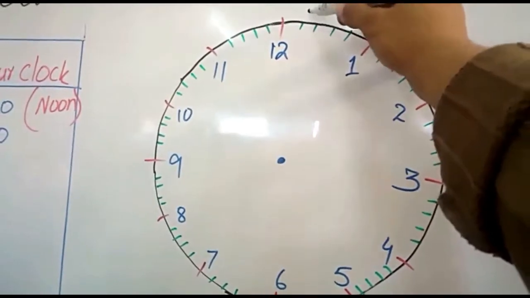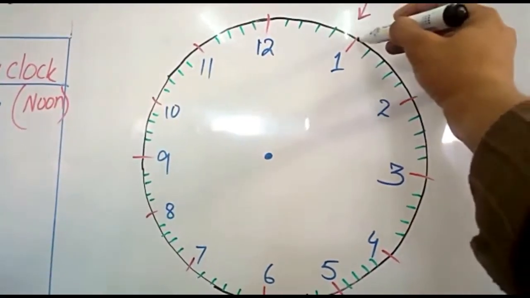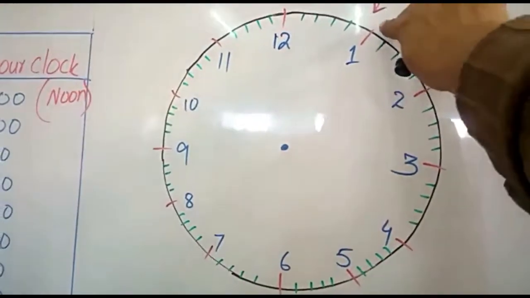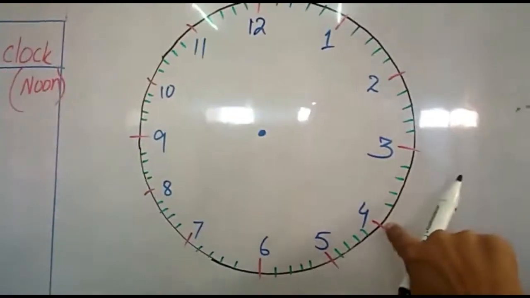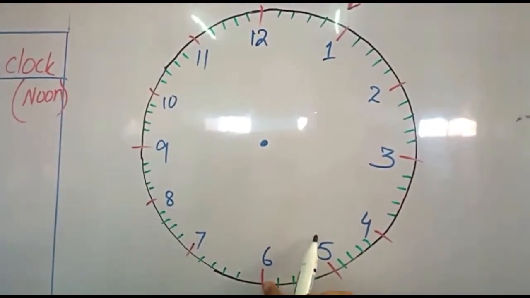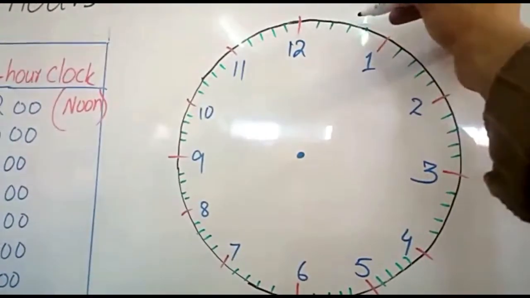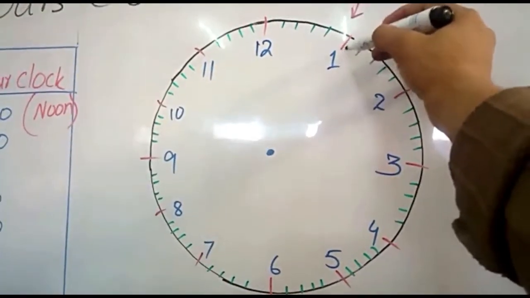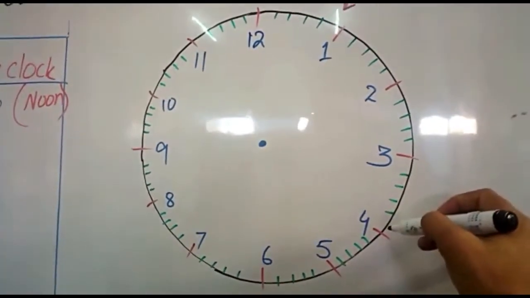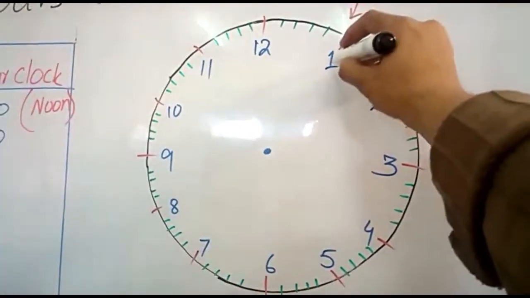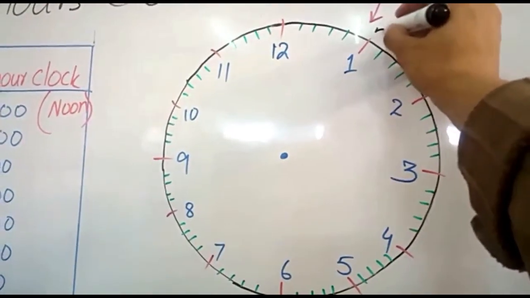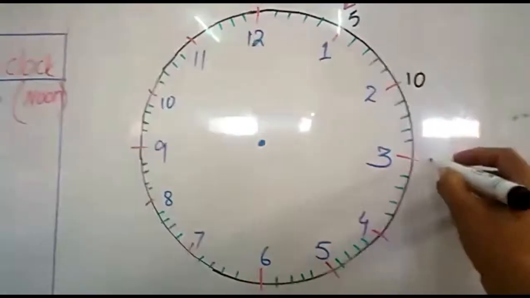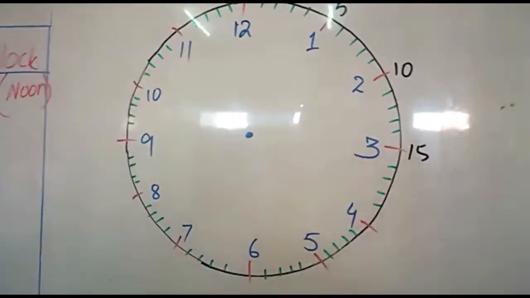Now see here, 1, 2, 3, 4, 5. Just keep one thing in your mind: every hour number on the clock is a multiple of 5. We can also count the divisions, or we can multiply the numbers on the clock by 5. Suppose it is 1, then 5 ones are 5, 5 twos are 10, 5 threes are 15.